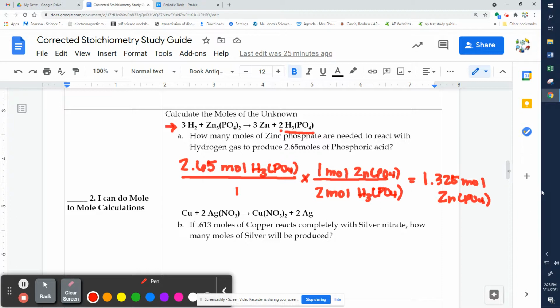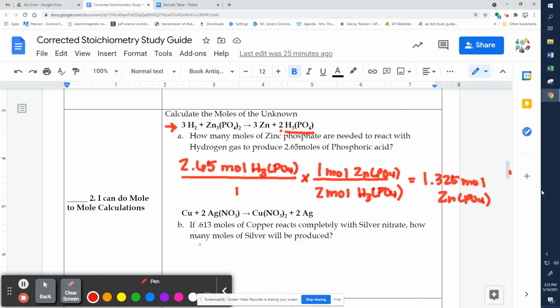Our next example is if 0.613 moles of copper reacts completely with silver nitrate, how many moles of silver will be produced? If you are my in-person students, I did change this from copper because you will get the same answer.